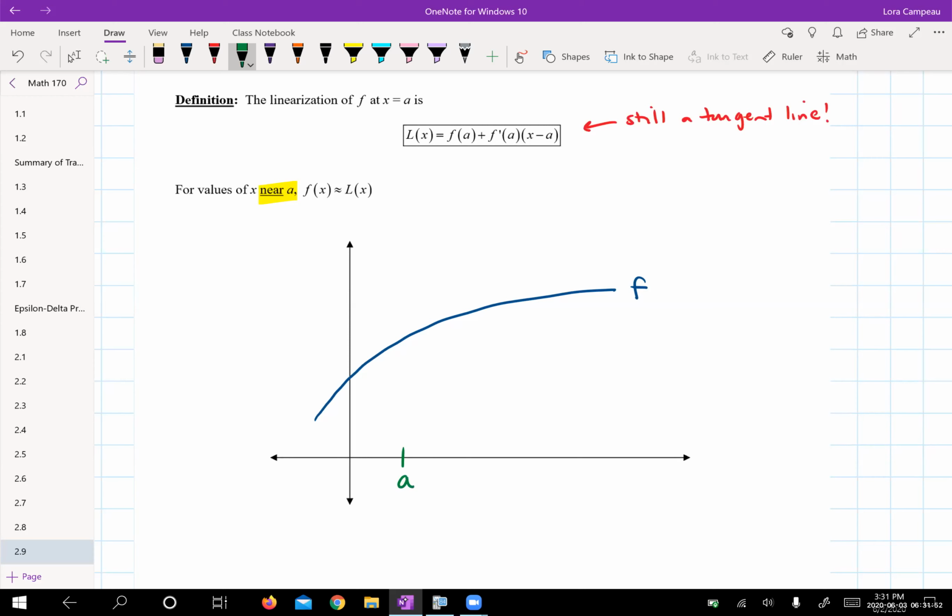Here's my a. And again, if you were to find the equation of the tangent line, remember you would have to find a point on the line that would give us our y value. And then here, I'm drawing the tangent line, trying to use a straight edge the best I can.